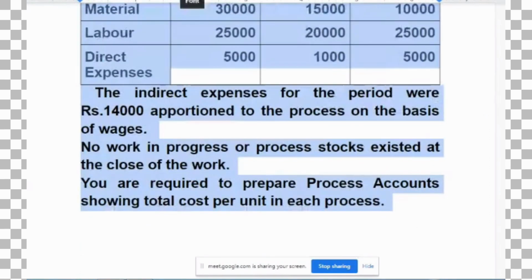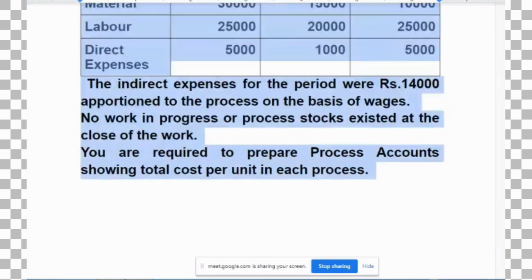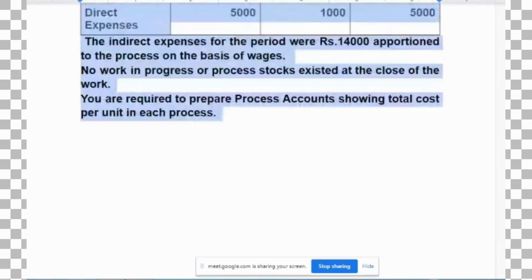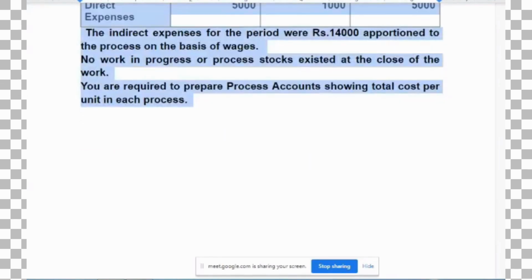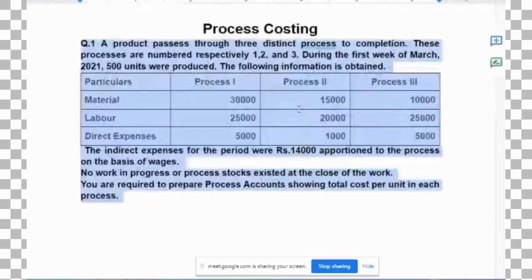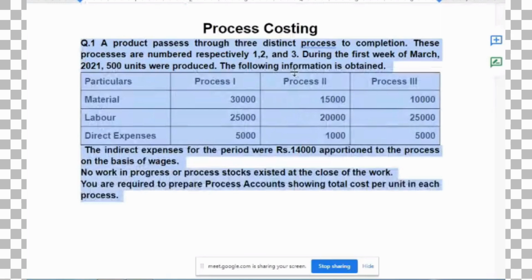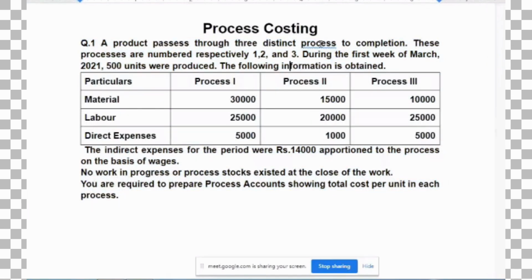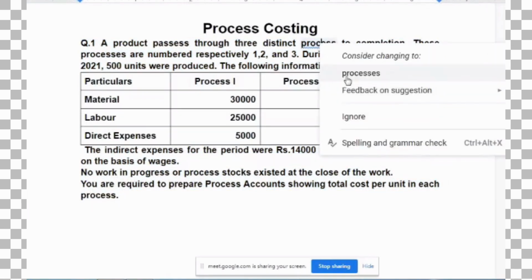This example is just to understand the basic fundamental of process costing, how the material is transferred from one process to another process. That is all you have to understand in this example. This is not a typical kind of example.